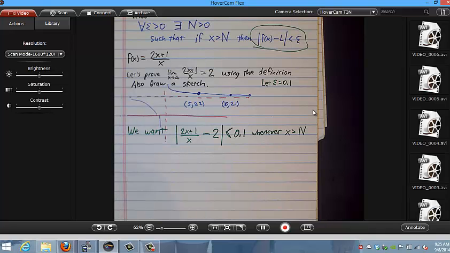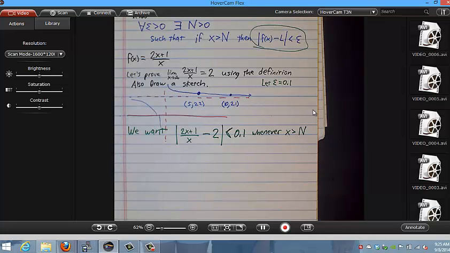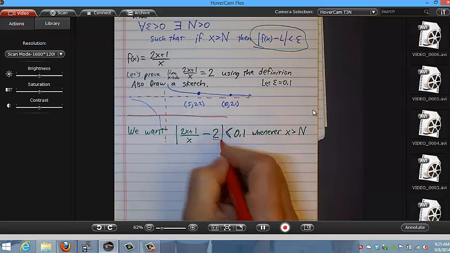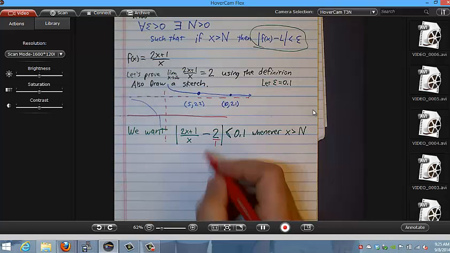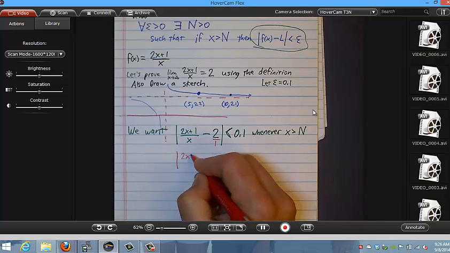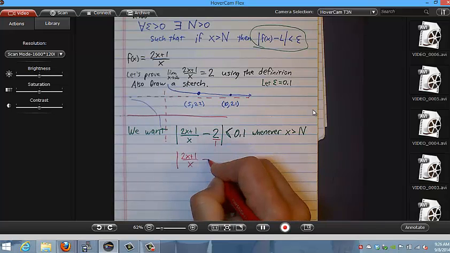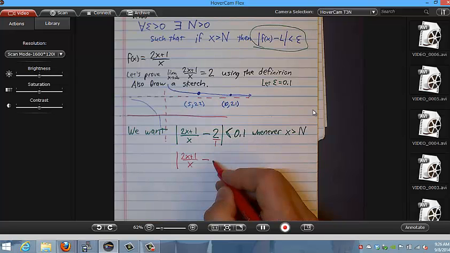Okay? Now I have some work to do, just like last time. I should do some algebra on this. Do you guys know how to subtract these? Well, how do you write 2 as a fraction? Okay. And in order to subtract fractions, what do I have to do? Okay, so we're going to change that again. And we're going to say that what we really want is 2x plus 1 over x minus, what would I write here instead? 2x over x.